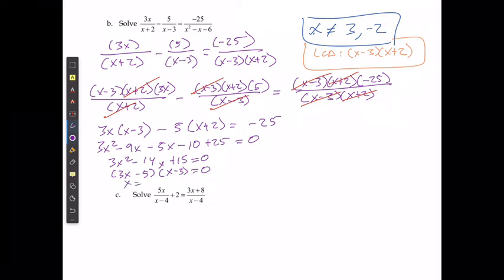So x can theoretically equal positive 5 over 3 or positive 3, except for we know from the non-permissibles, there's my extraneous root.